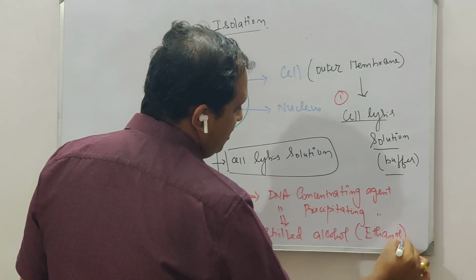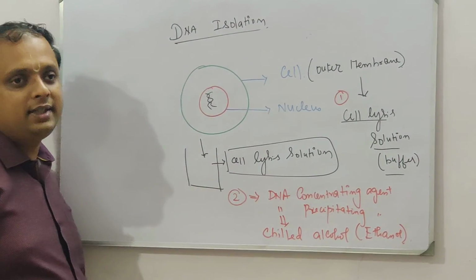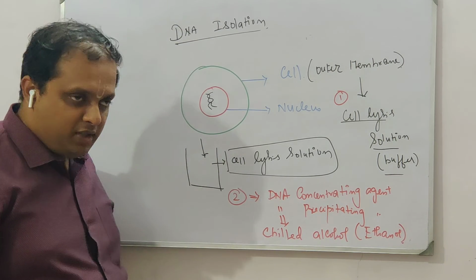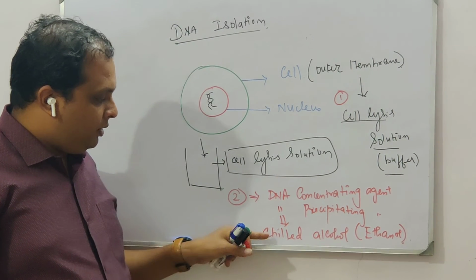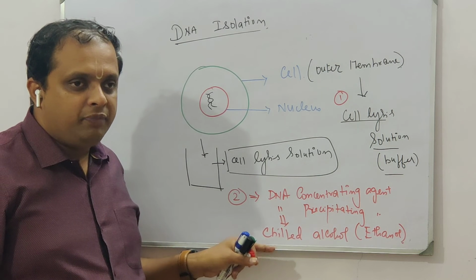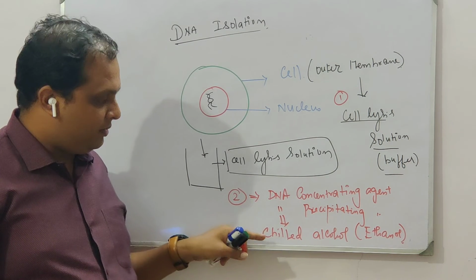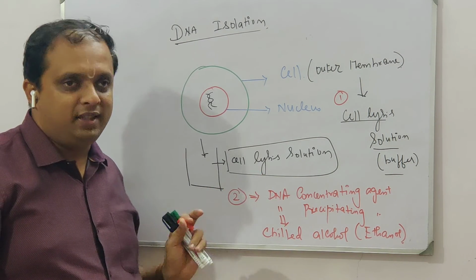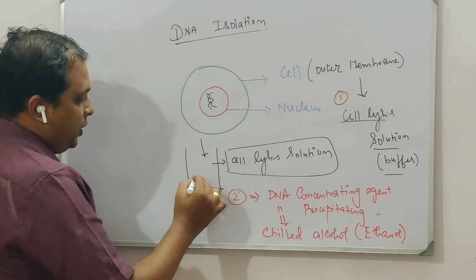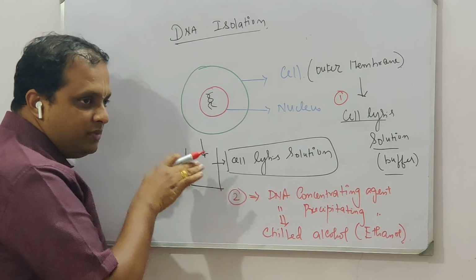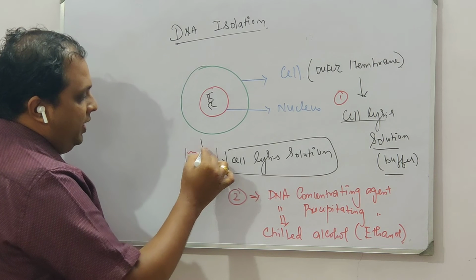This question was asked many times in the NEET exam, especially in 2021. The DNA precipitating agent which is used in DNA isolation is chilled ethanol. Once you add chilled ethanol, all the other components will remain as they are, whereas your DNA will float.